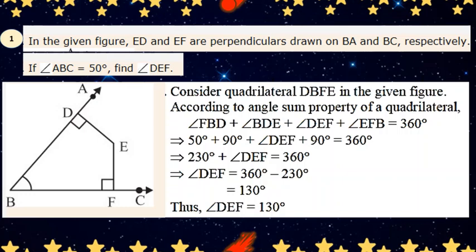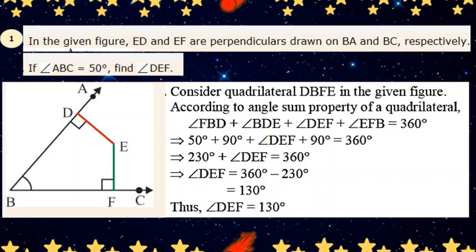In the given figure, ED and EF are perpendiculars drawn from BA and BC. Okay, ED is this, which I just highlighted in red, and EF is green. You can see that now. They are perpendiculars. What do you mean by perpendicular?